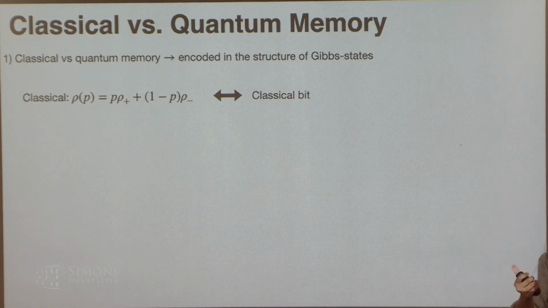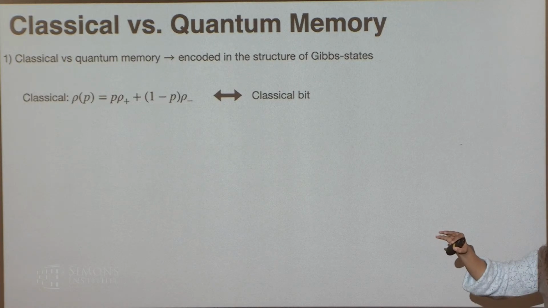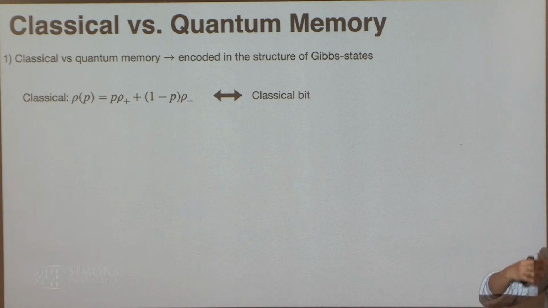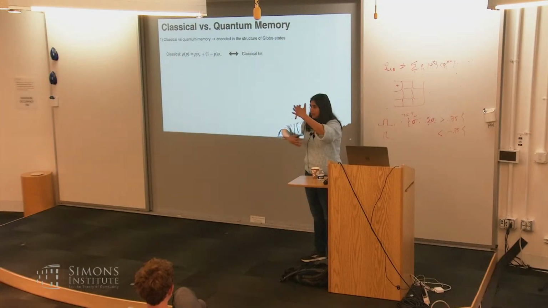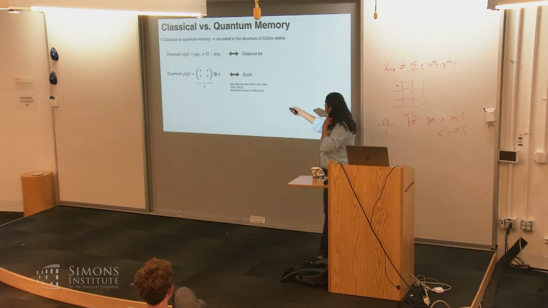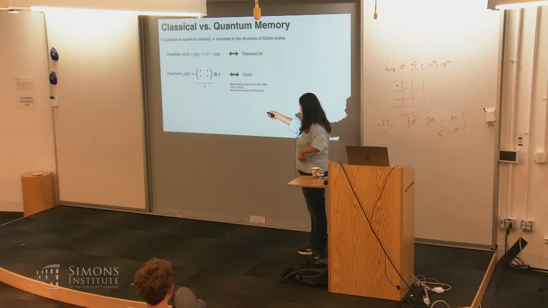But now you can also think of a logical plus state and a logical minus state, and those two subspaces are not orthogonal to the logical up and logical down. So when you have a qubit, there's a different kind of structure that these Gibbs states, or these steady states, will take.